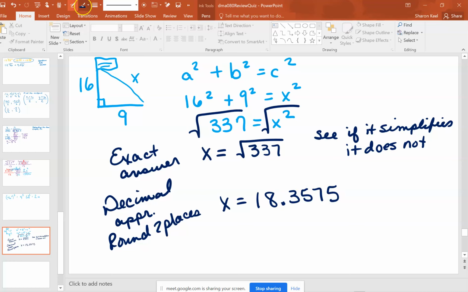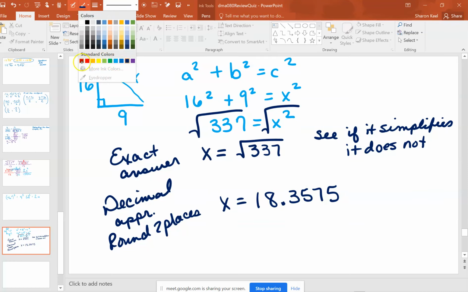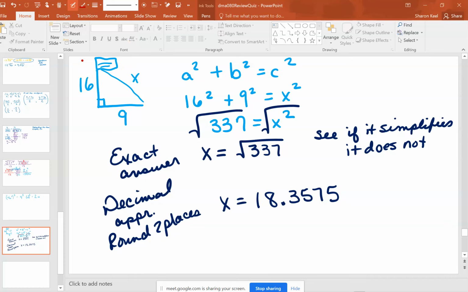Since it asks you to give a decimal approximation 2 places, I recommend you at least write several digits out. We're going to round it 2 places. We look at the third place to see how the number rounds. The 7 would make the 5 go up, so it's going to be 18.36.